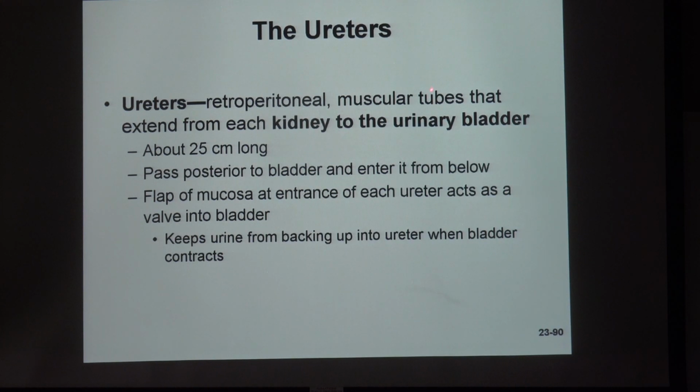Make sure you know they are muscle extending from the kidney to the urinary bladder. There is an endothelial lining that is very, very delicate. And if you have objects like maybe calcified stones moving from the kidney to the bladder, it could be very, very painful. Okay.